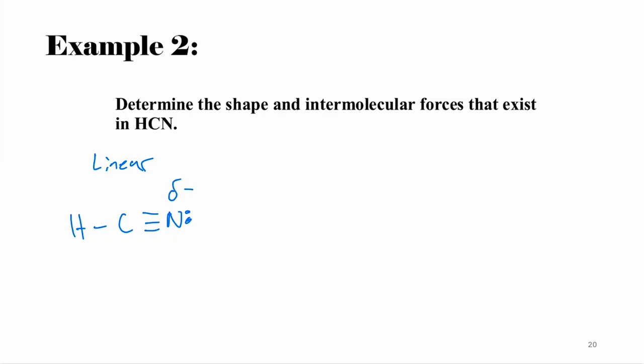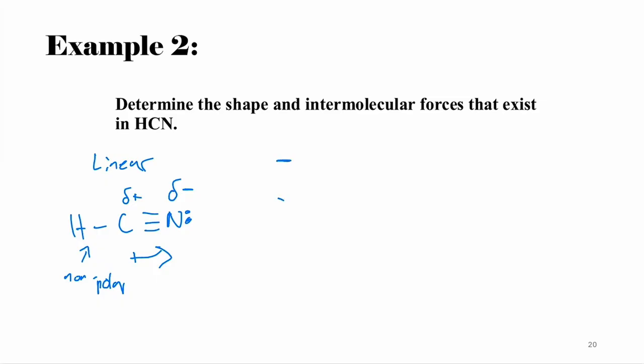Nitrogen is very electronegative, and this bond in general is going to be relatively nonpolar, right? Which means that there's going to be a dipole that's not being canceled out in the other direction. So hydrogen and carbon, those form a nonpolar bond, so those don't share electrons unequally in any way. But the nitrogen is going to be pulling a lot of electrons from carbon. So that means that you're going to have a net dipole in this molecule.